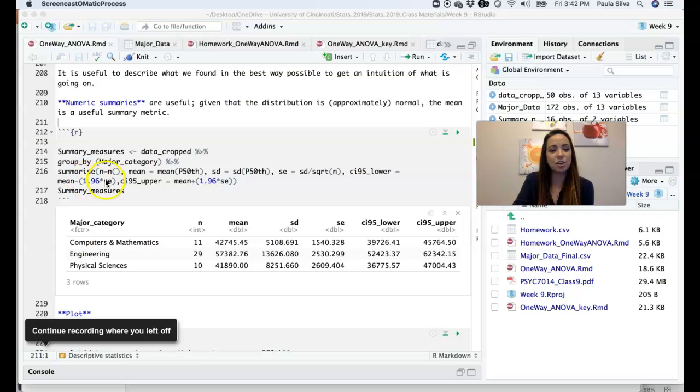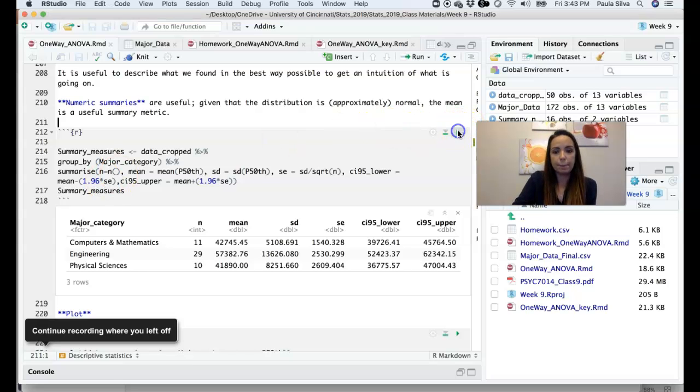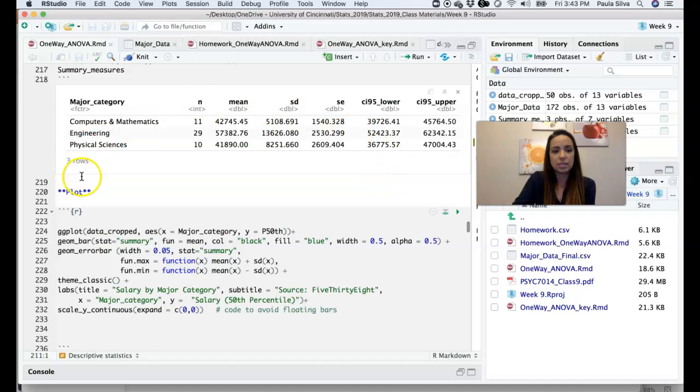I'm using a z-critical, the 1.96, which is the z-critical that's related to the 95th percentile. So we're doing the 95% confidence interval for each mean, right? So here we go. We press run and we should see a table like this.